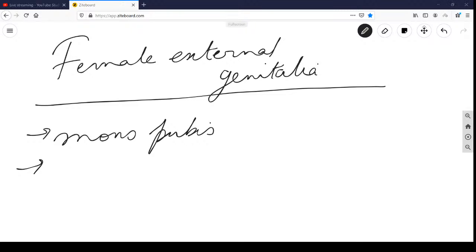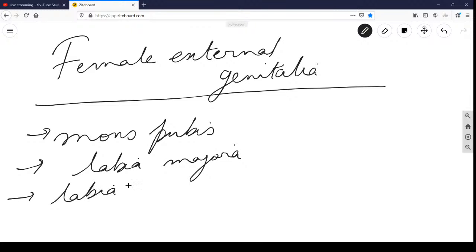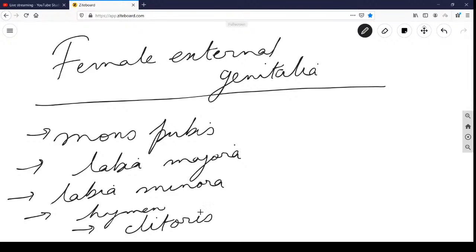then you have the labia majora, then you have labia minora, then you have the hymen, then you have clitoris. Okay, and one more I missed.